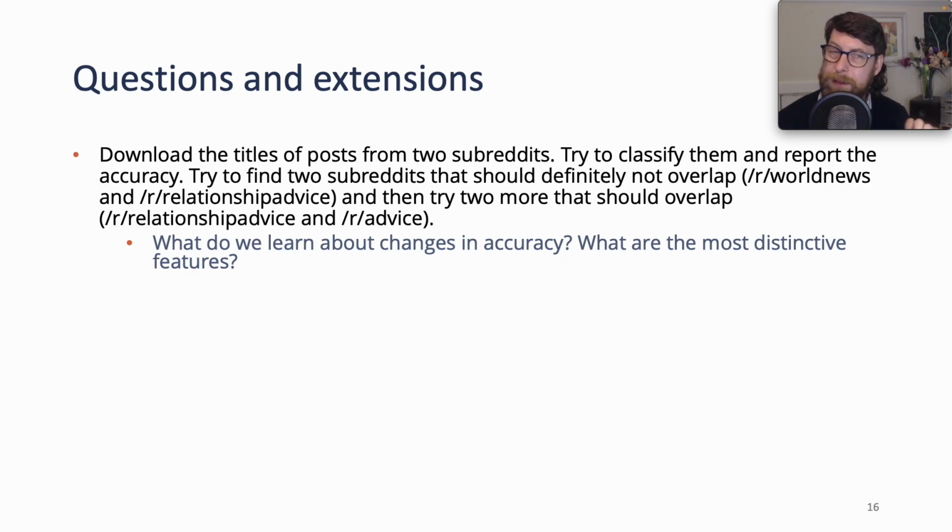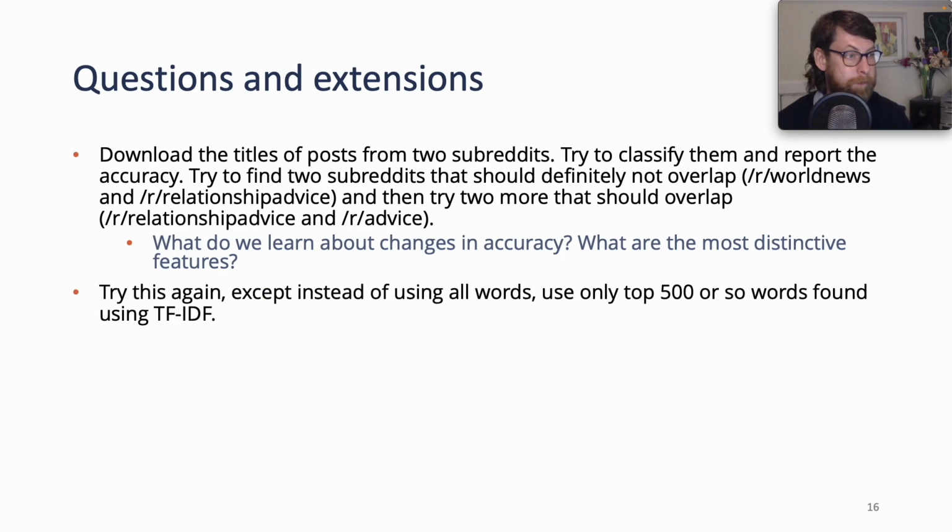So it should be pretty easy to take the most distinctive words and classify world news and relationship advice. But what if you try that with two subs like relationship advice and advice? What would be distinctive between the two of those, and how could we estimate that distinction? Would the change in accuracy be really noticeable? Would it be much higher in accuracy? What would the features look like?